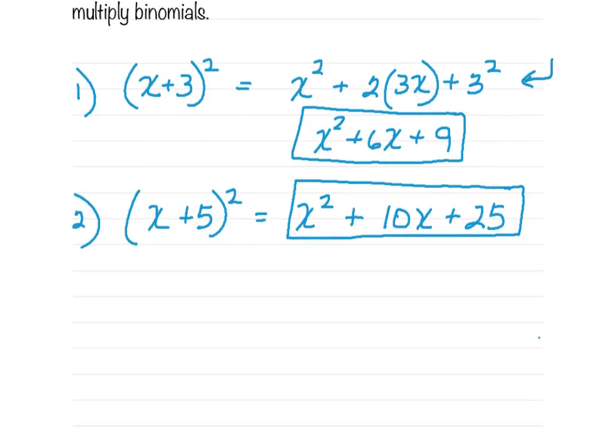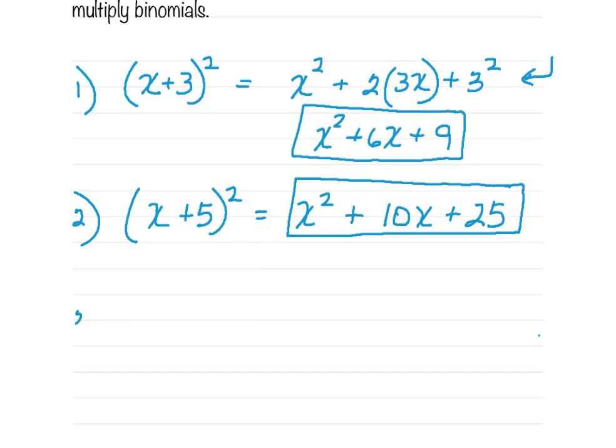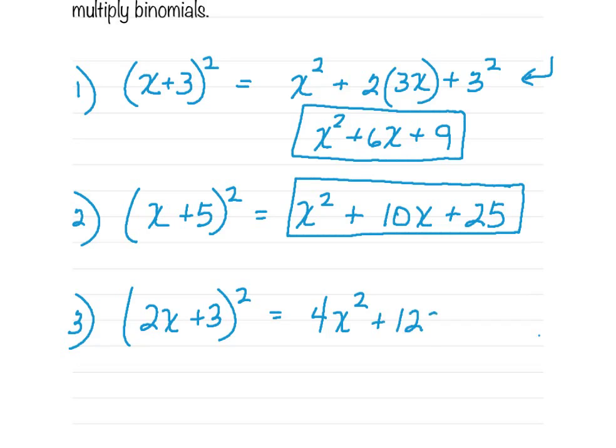Okay, let's try number 3. 2x plus 3 squared. So let's square the first term, 4x squared. Let's multiply the 2 terms. That would be 6x. Double it, that would be plus 12x. And then the second term squared is 9.